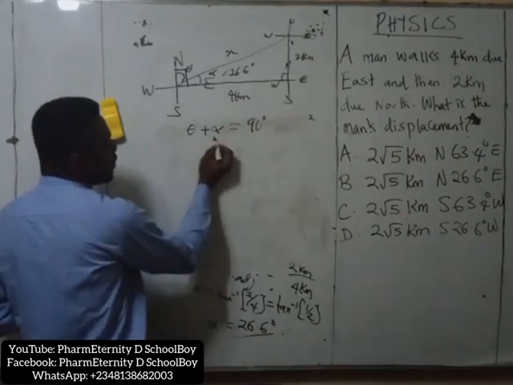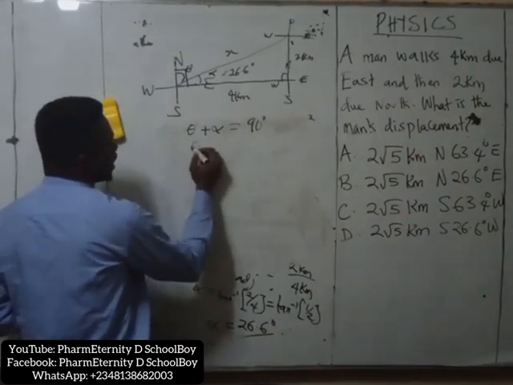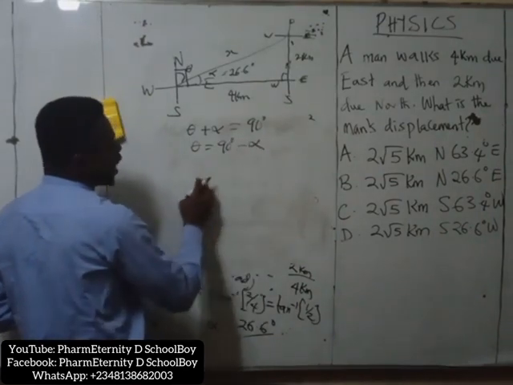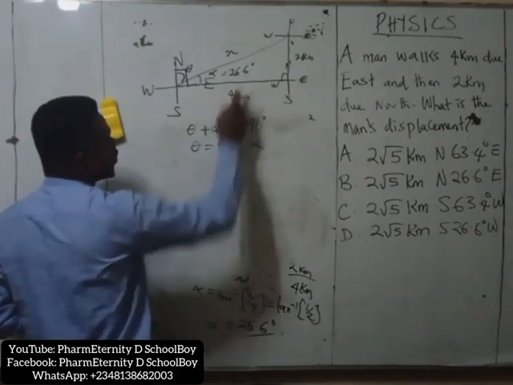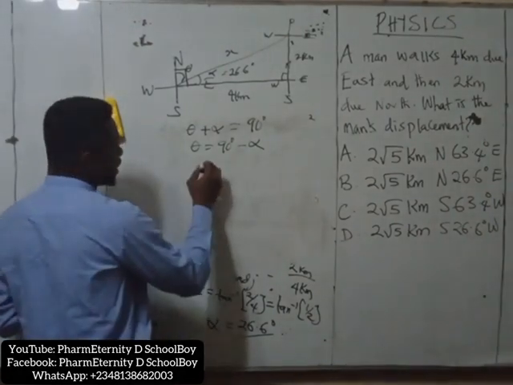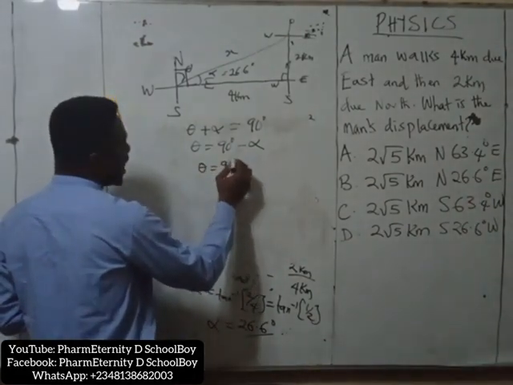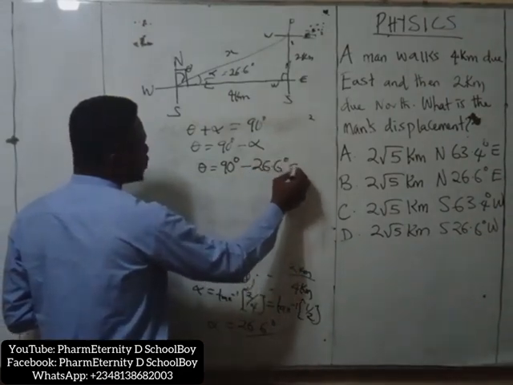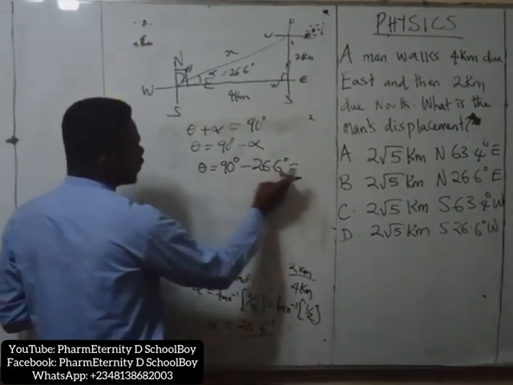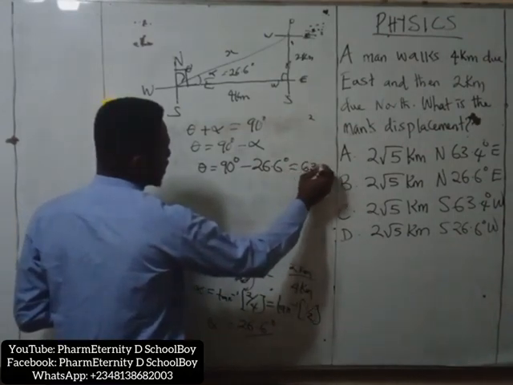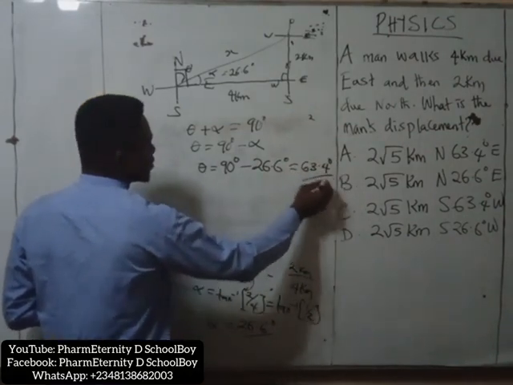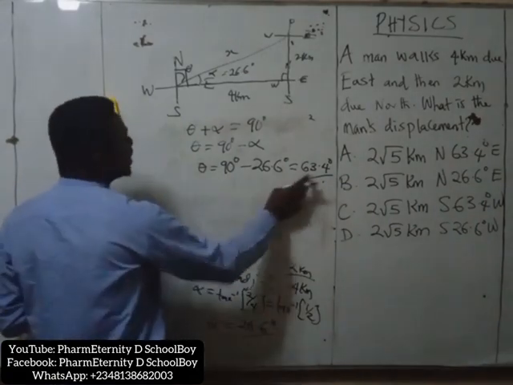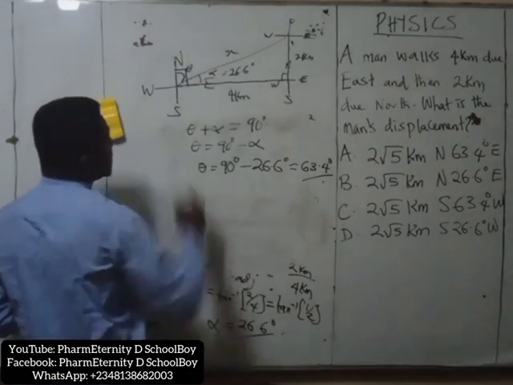We know alpha, we are looking for theta. So theta is 90 degrees minus alpha. Remember, our alpha is 26.6 degrees. That implies that theta is 90 degrees minus 26.6 degrees, which gives us 63.4 degrees. This is the value of theta.